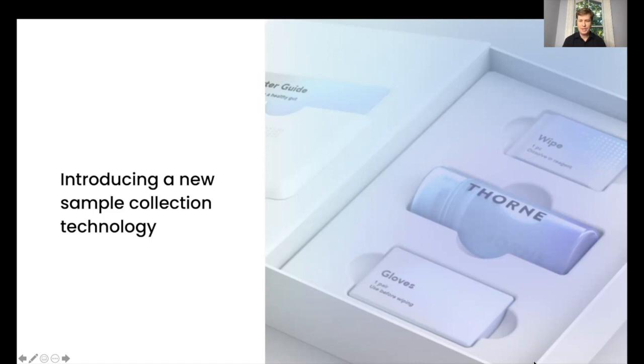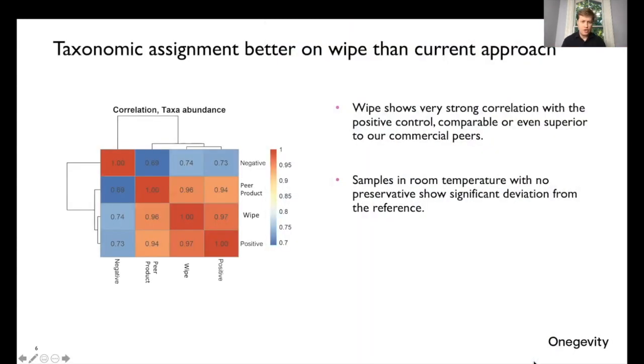But this allows you to just use a wipe as normal. So basically no behavior change. I'm going to show a little bit of the data behind that and take you through that experience, because we think this is going to be a much better experience for people doing microbiome collection. And that, we hope, will increase adoption across the community of more microbiomes, which is good for all of us.